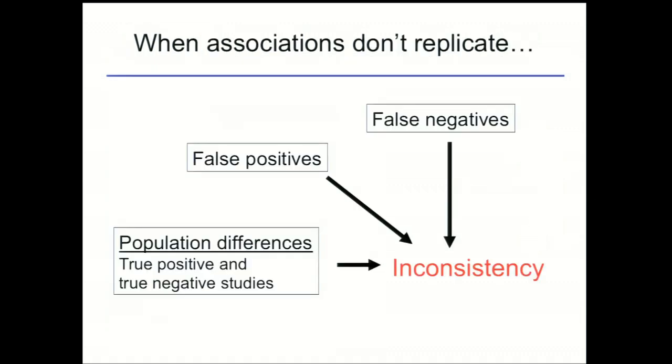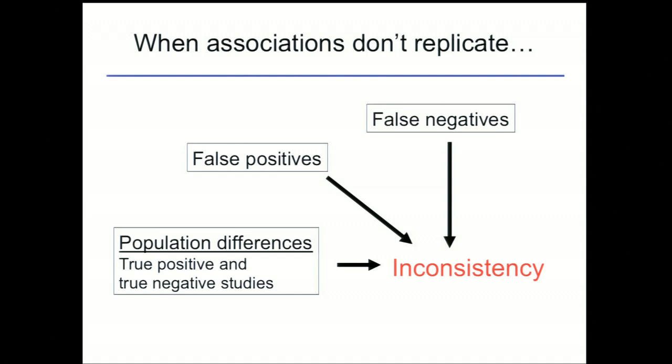So, in fact, when association studies started, there was a lot of inconsistency in the field, and this is actually what drew me to this area of horse sense about statistics, and why I'm giving this talk.